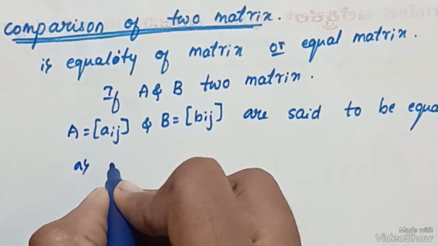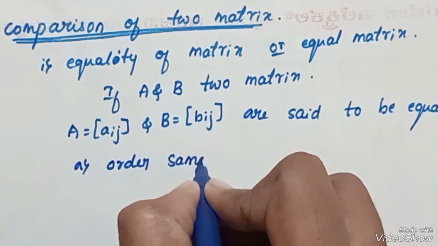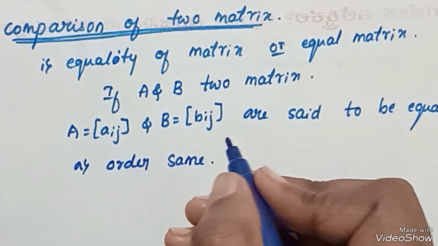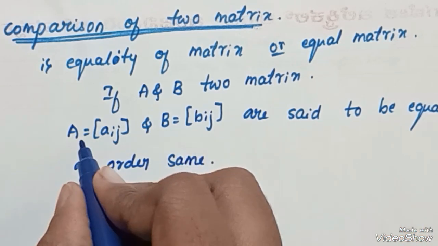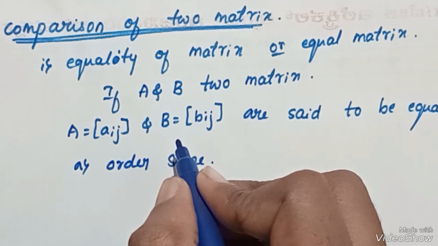One is their order should be the same. For example, if A has the order 2 cross 1, then B should be 2 cross 1.